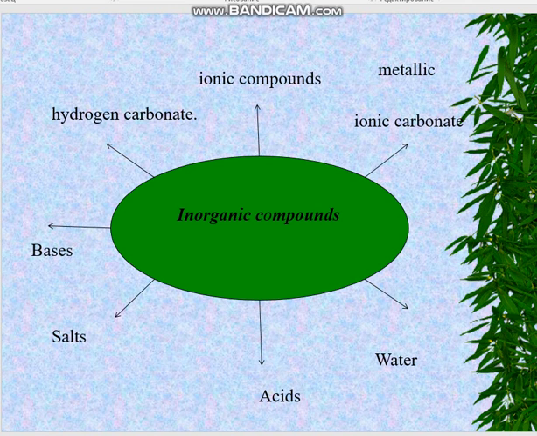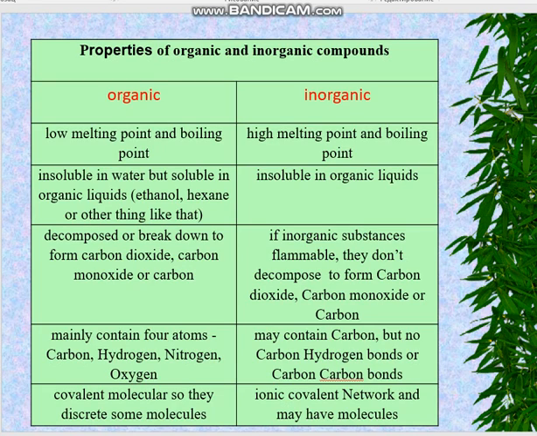Let us compare physical properties of organic and inorganic compounds. I have prepared the table with physical properties of these chemical compounds. There are two columns. In the first column, you can see organic substances have low melting and boiling points.